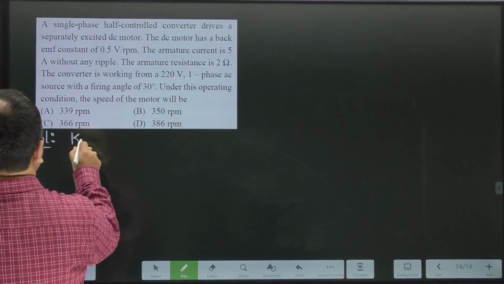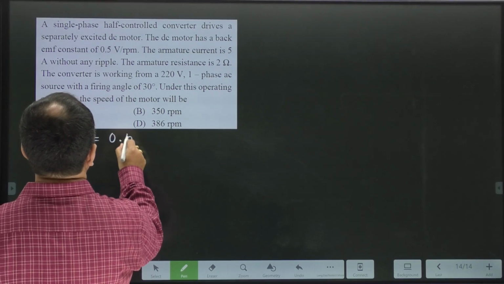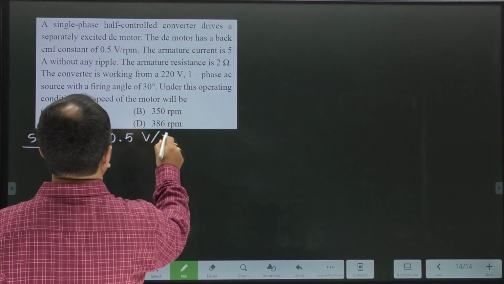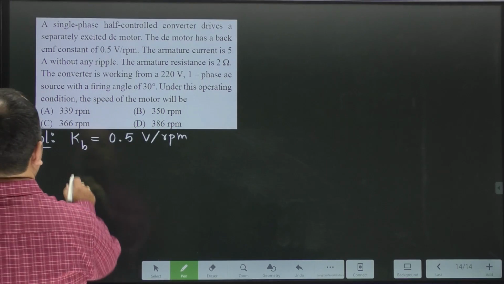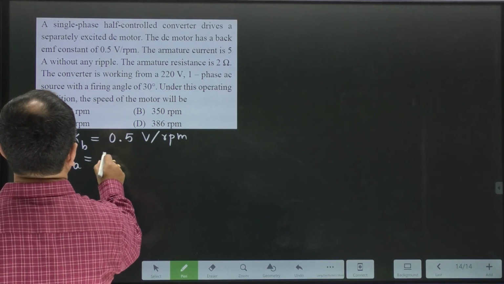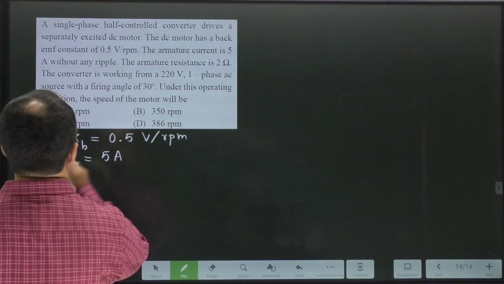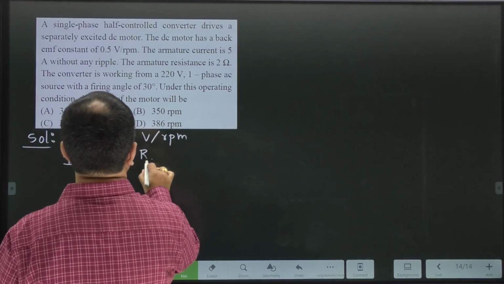Back EMF constant KB is 0.5 volt per RPM. Armature current IA is 5 ampere. Armature resistance is 2 ohm.